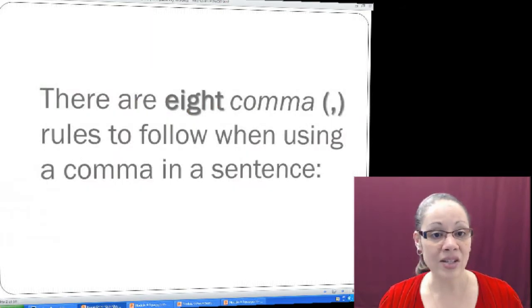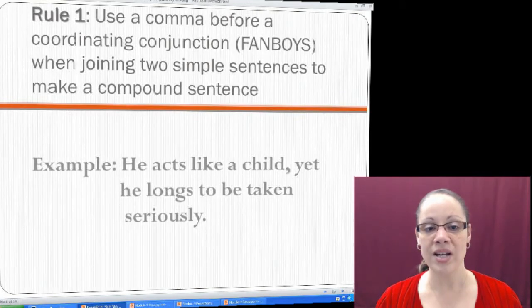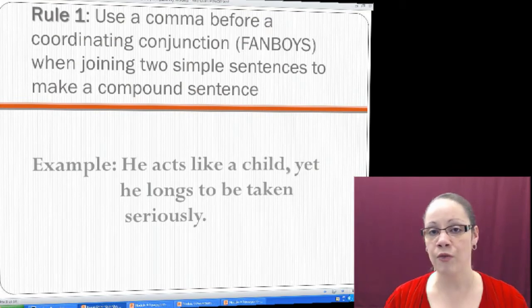Now, there are 8 comma rules to follow when using a comma in a sentence. Our rule number 1 is you need to use a comma before a coordinating conjunction. And in module number 1, under parts of speech, in one of our lessons, I actually introduced you to the 7 coordinating conjunctions.